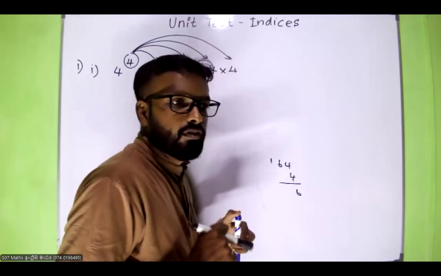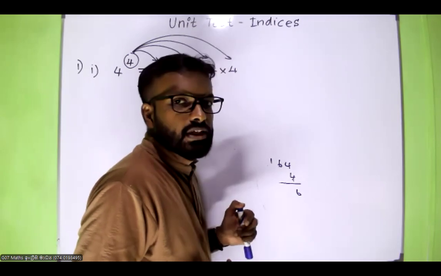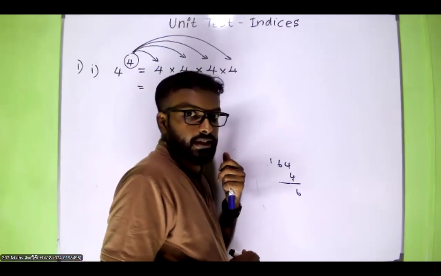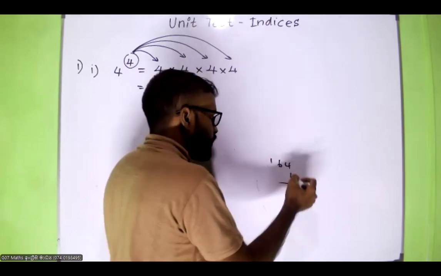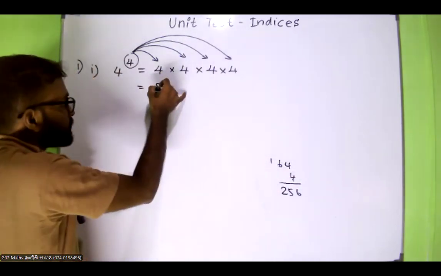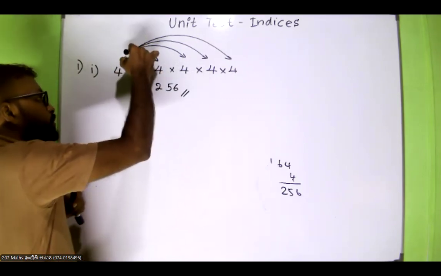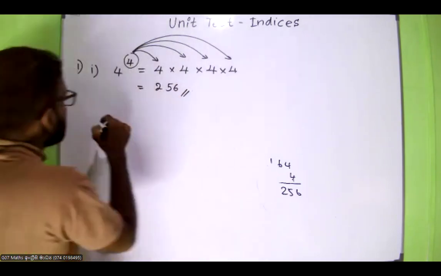Farat, what is the value of 4 times 6? 24. Yeah, 24 plus 1, 25. So that is 256. This is the value of 4 to the power 4. So let's move to the second part.